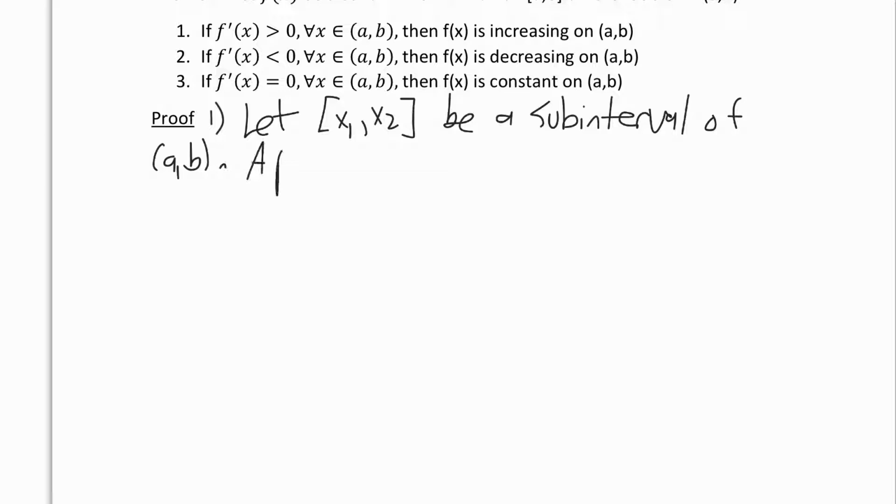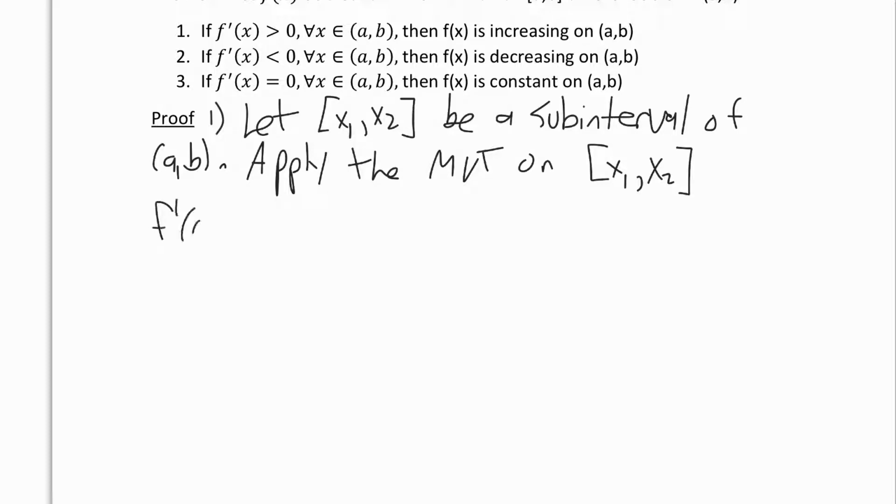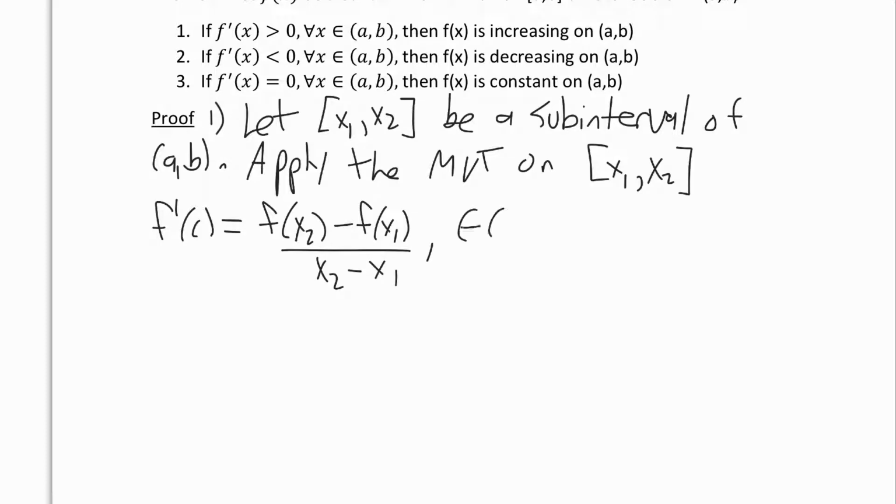And now we are going to apply the mean value theorem on the subinterval x1 to x2. Well, the mean value theorem says that f prime of c equals f of x2 minus f of x1 over x2 minus x1, where c is in the interval of x1 to x2.